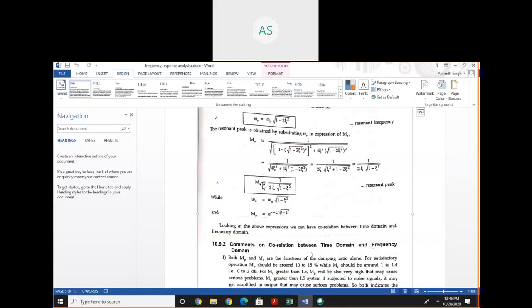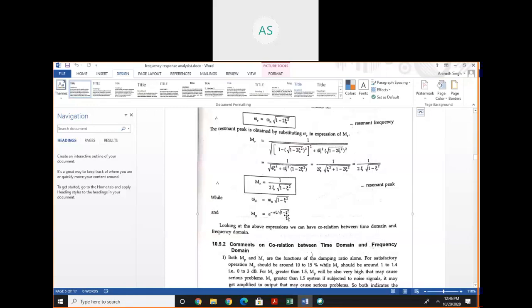For Mr greater than 1.5, the system is subjected to noise, and this noise gets amplified in the output. So it may cause serious problems, or we can say that stability reduces when the value of Mr is greater than 1.5.